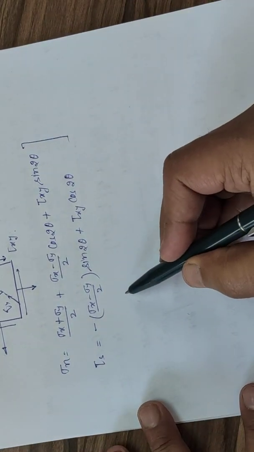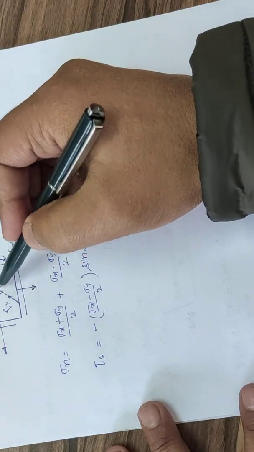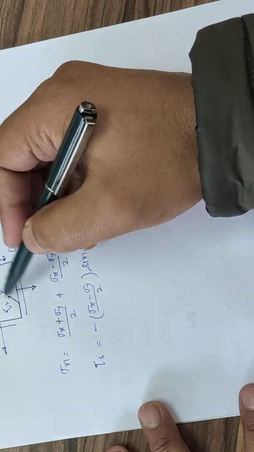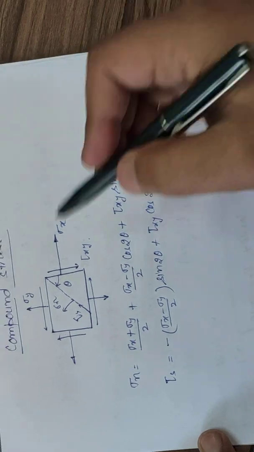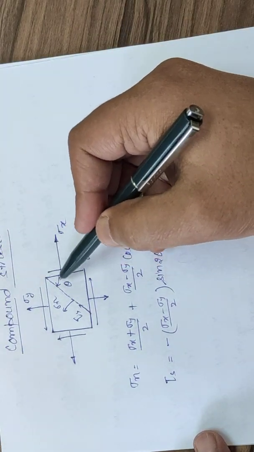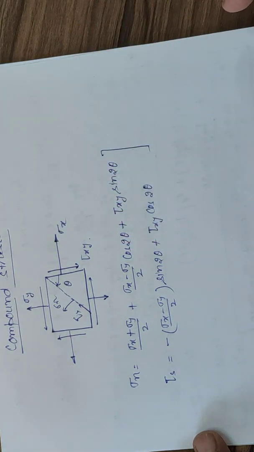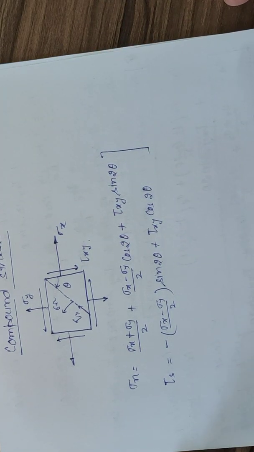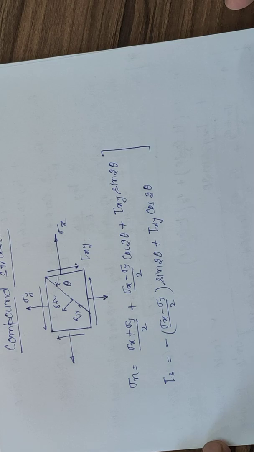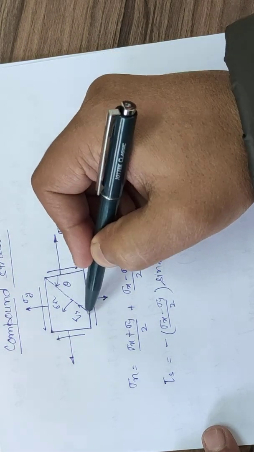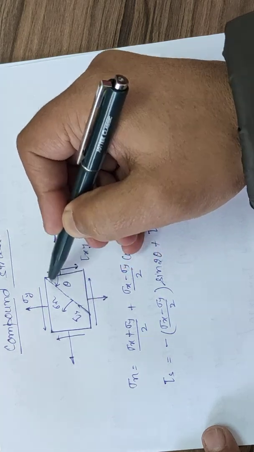Let us say the normal stress and shear stress we have calculated on this particular plane, the location of that plane being angle theta. Now let us say we are calculating the normal stress and shear stress on the plane which is mutually perpendicular to this plane.